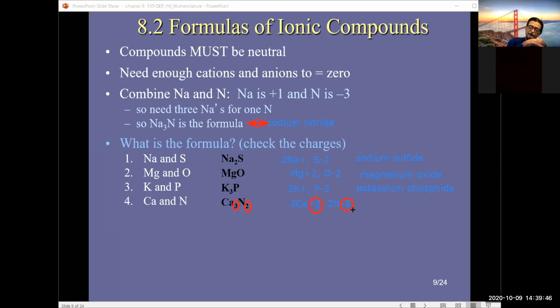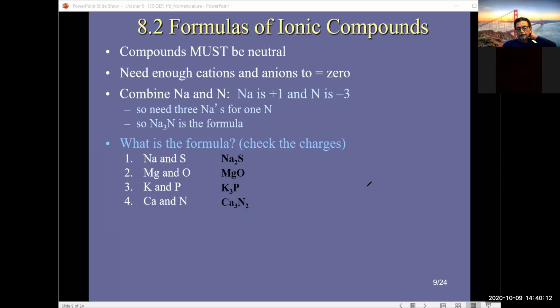So we basically cross it over, and that automatically puts you in the right ratios that you need. But if you don't see it, then break it down, find a common charge for both the cation and anion, put a number up front for each ion, and that becomes a subscript that is used in the molecule.